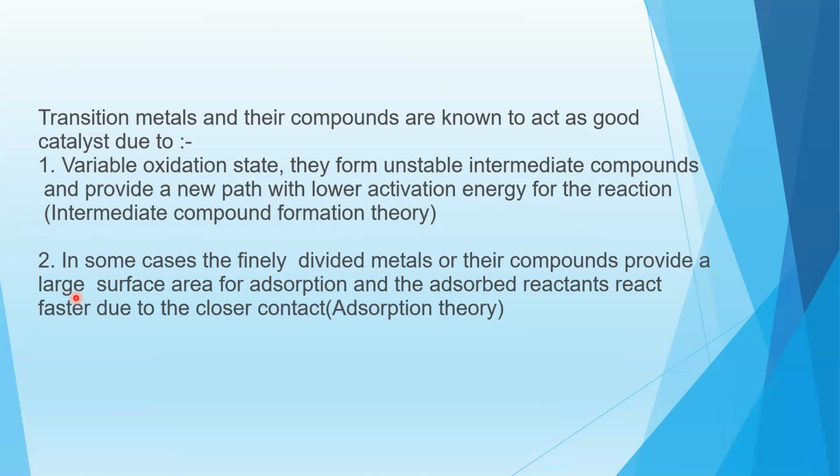In some cases, the finely divided metals or their compounds provide a large surface area for adsorption, and the adsorbed reactants react faster, as we have already learned in adsorption. Adsorption means the process that is taking place on the surface.